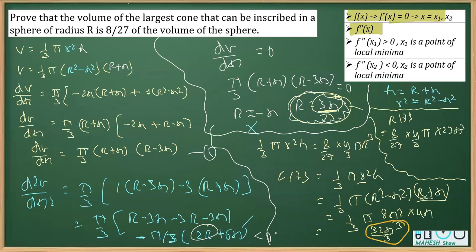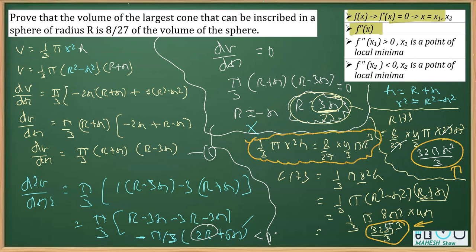I can figure out this 27 gets cancelled. 8 into 4 is 32, 32 pi, I missed pi here, and then x cube over 3. Now check here, this is equal to this. So LHS is equal to RHS. This is what we needed to verify, that the volume of the cone is 8 by 27 the volume of the sphere.